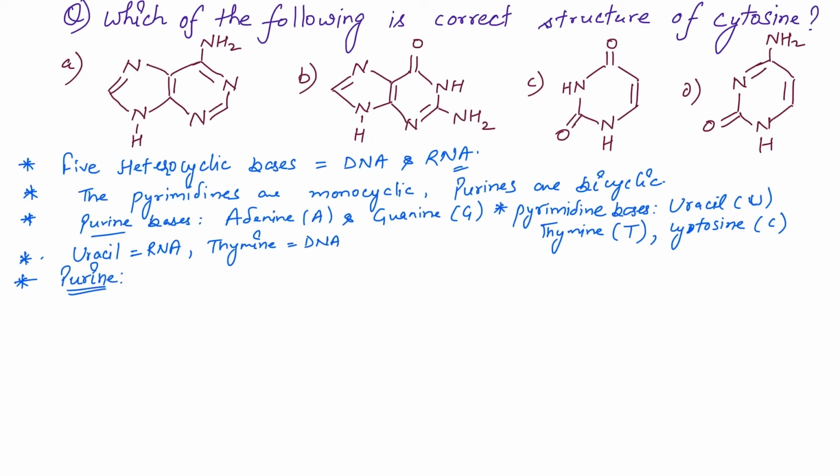Now let's understand this purine molecule. Now purine is basically made up of pyrimidine and imidazole. These 2 rings are basically fused together. So let's first understand the structure of pyrimidine and imidazole.